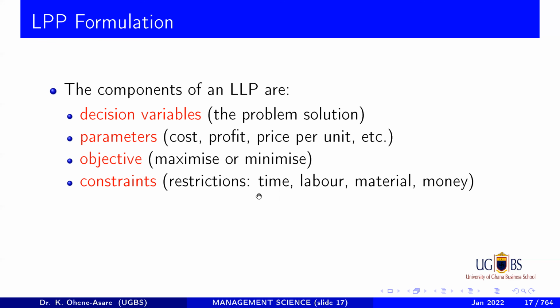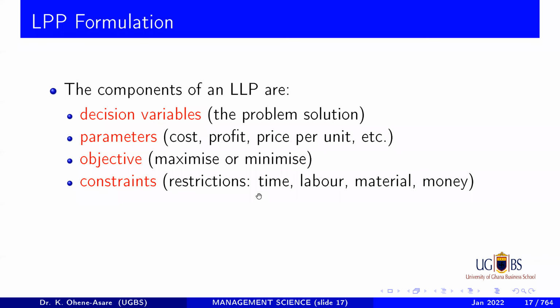But at the end of the day, you have to make a decision on how many of the shorts, pants, and shirts you have to produce. So the decision variable has to do with the item that is coming out, and the quantity of those items. I'll combine the parameter and objectives together.